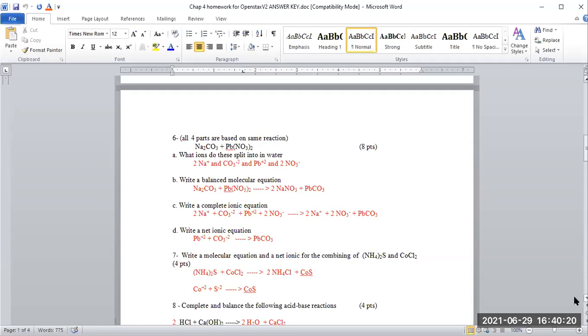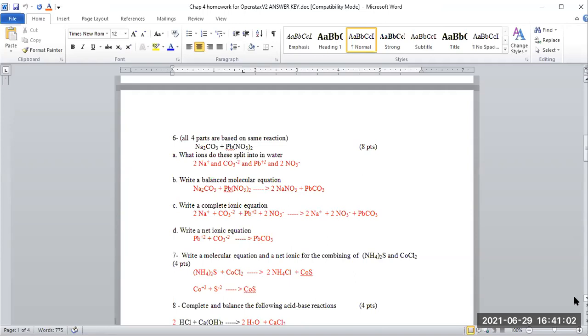Complete ionic means split everything but your precipitate. So lead carbonate is my precipitate based upon the 6th solubility rule, which says most carbonates are not soluble. I split all my pieces apart. I've got sodiums and carbonates and leads and nitrates. My right-hand side has 2 separate sodiums and nitrates, and that one last molecule that you leave assembled is my lead carbonate.